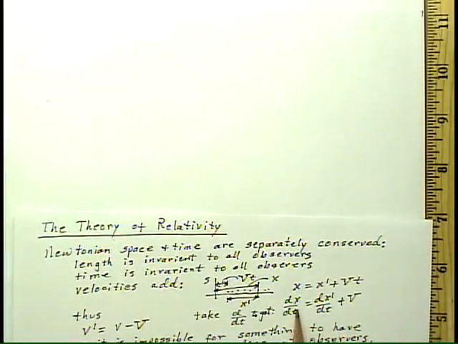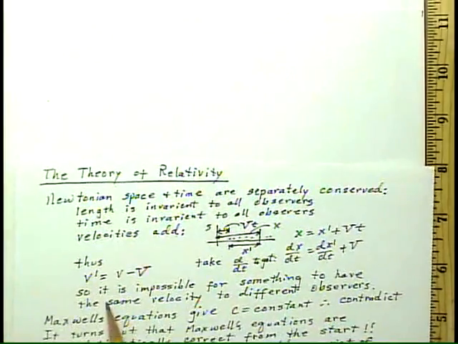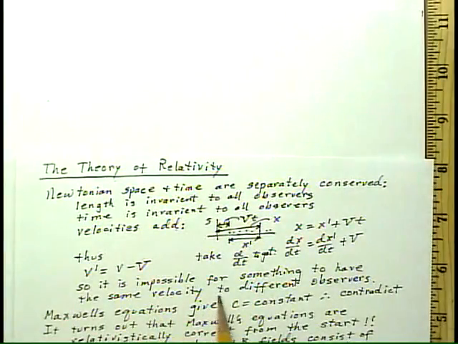Now, taking the derivatives with respect to time, velocity to this observer is equal to velocity with respect to the prime observer plus the relative velocity that's moving. Thus, velocity in the prime frame is velocity in the unprimed frame minus v. So it is impossible for something to have the same velocity relative to both observers.